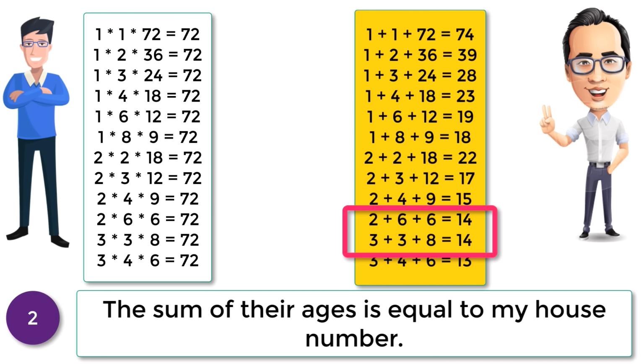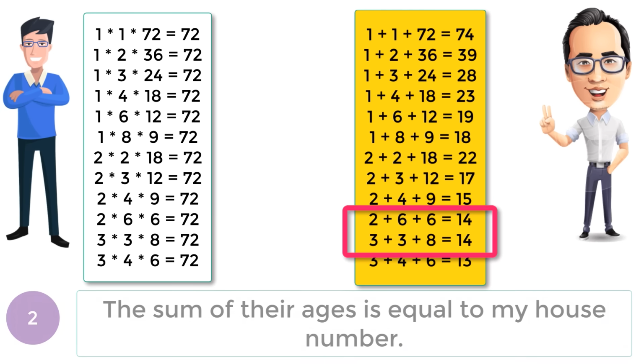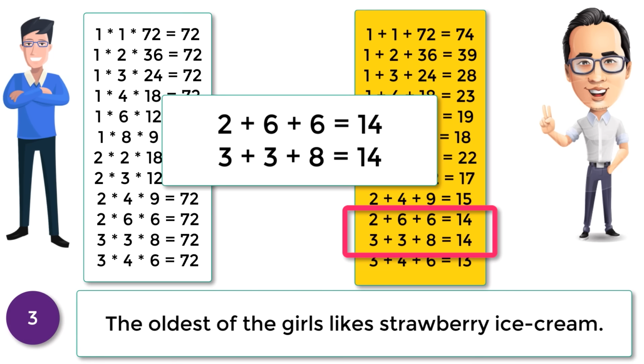So we have 2 possible combinations to get sum 14, that is 2 plus 6 plus 6, which is equal to 14, and 3 plus 3 plus 8, which is equal to 14. Since there are 2 possibilities, it is difficult to guess the ages of the 3 daughters here also. So let's check the third clue now. The third clue says that the oldest of the girls likes strawberry ice cream, which clearly says that Anand has one oldest girl and not 2.